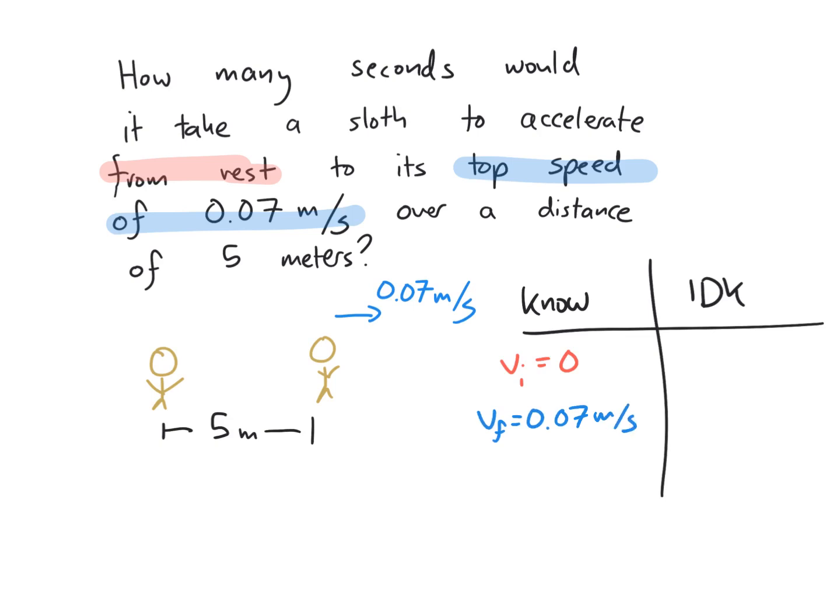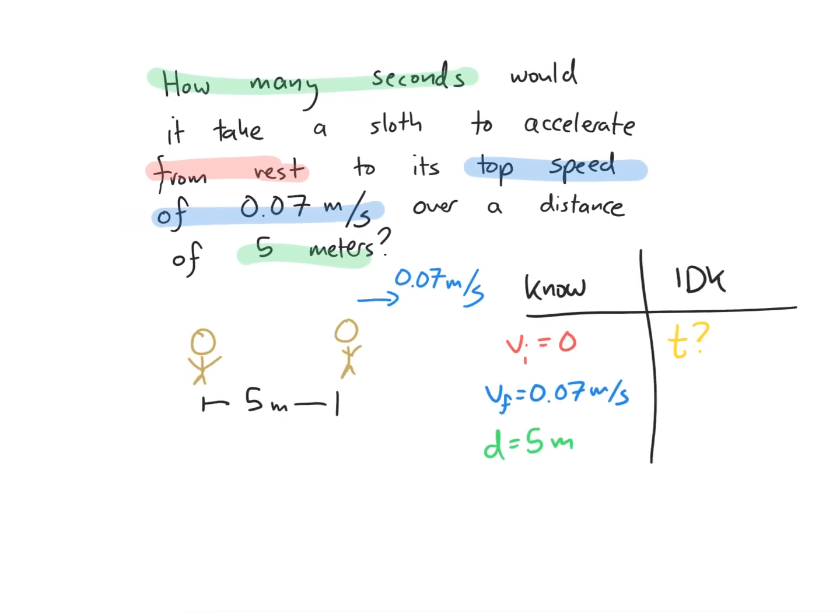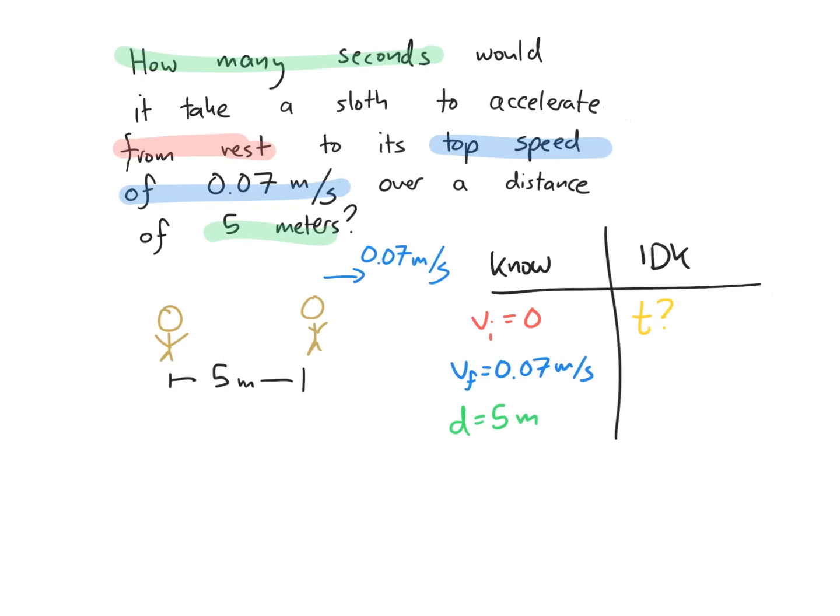And we know that the distance he's traveling is 5 meters. And we are looking for how many seconds, so how much time. So we've got initial velocity, we've got final velocity, we've got distance, we're looking for time. We don't know anything about acceleration, so acceleration is missing in action.